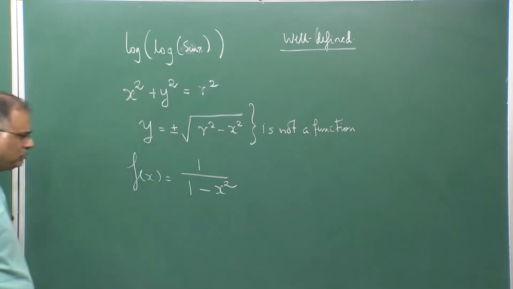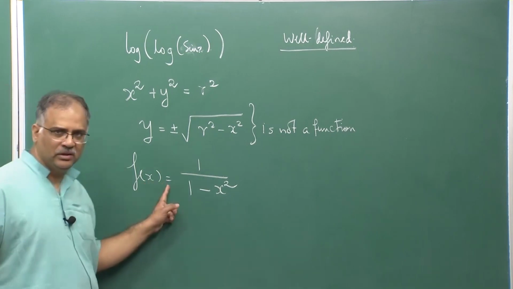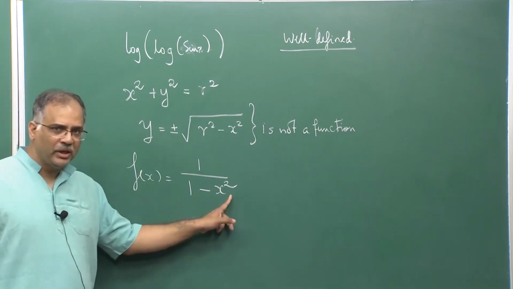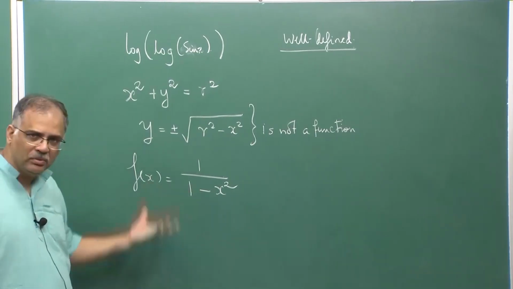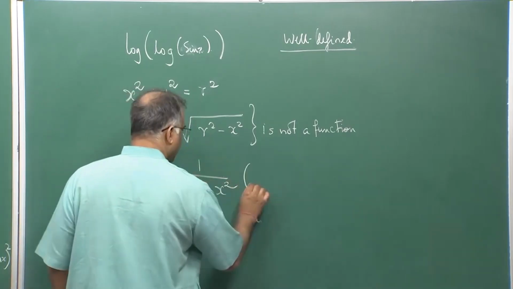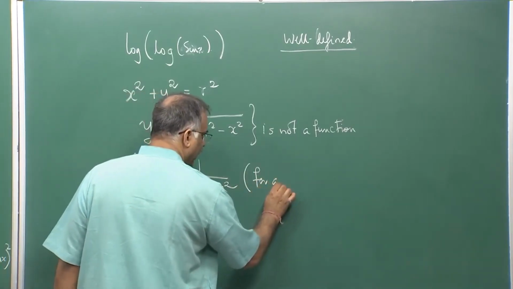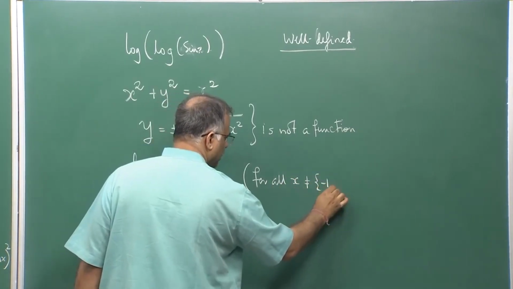Is this a function? Looks like it will give me only one y, not two y's. But for every x I cannot define it, because if I put x equal to 1 or minus 1, I have a problem of dividing by 0. So, this is defined for all x not equal to minus 1 and plus 1.